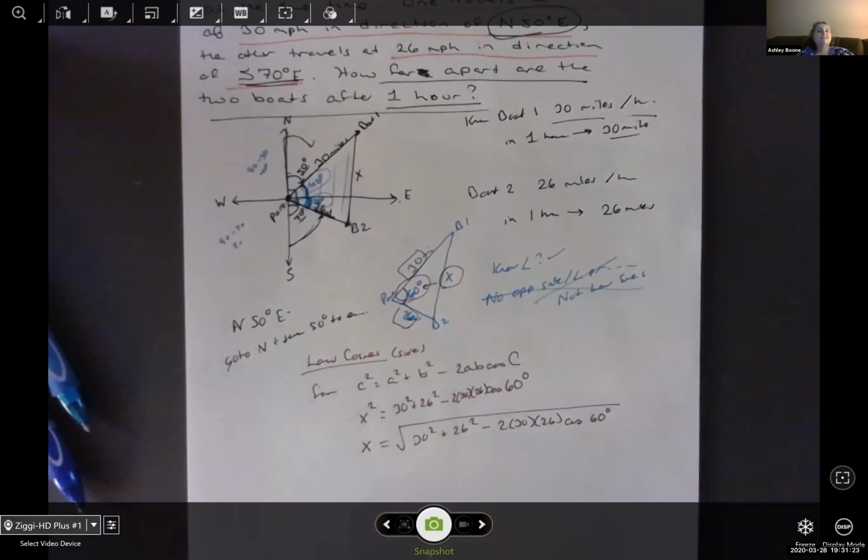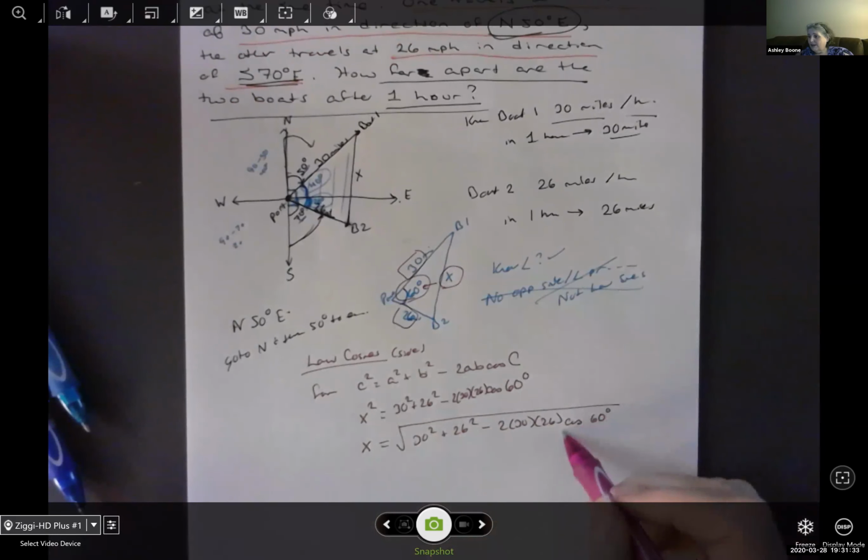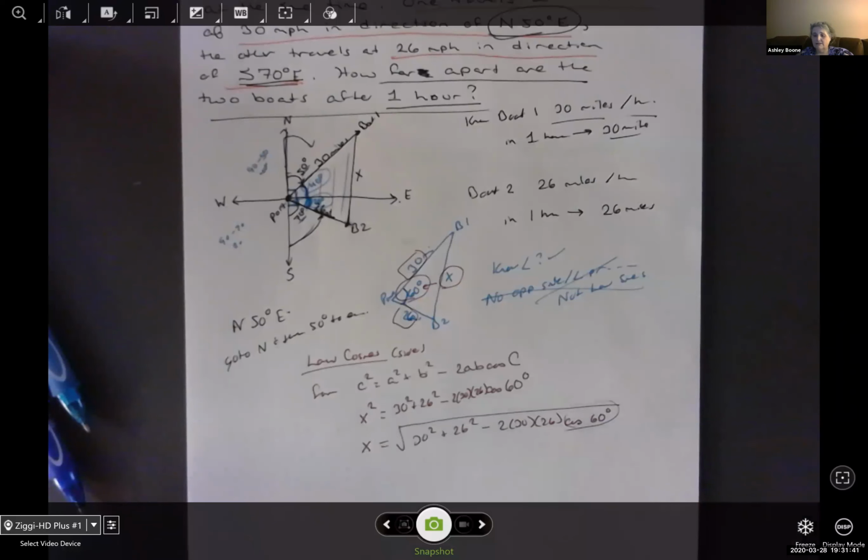Now, yes, 60 degrees is one of the nice things that we knew from the unit circle. We know that the cosine of 60 degrees is 1/2. So if you wanted to go ahead and make cosine of 60 degrees 1/2 in your formula, that's fine. But we're going to use the calculator anyway, so I'm just going to leave it as is. 30 squared plus 26 squared minus 2 times 30 times 26 times the cosine of 60.